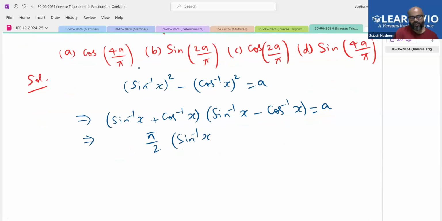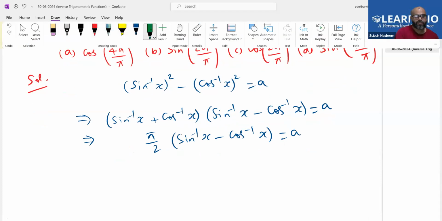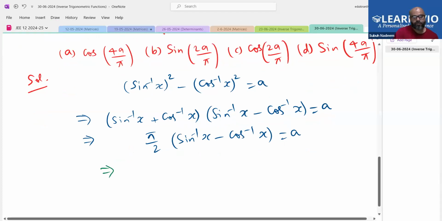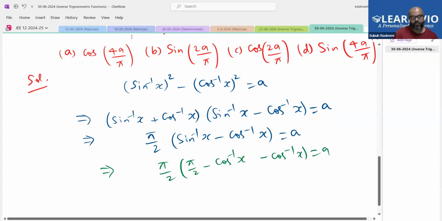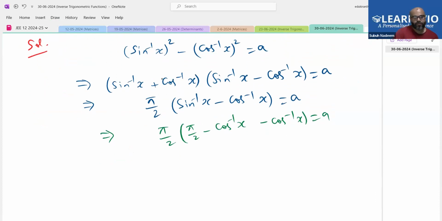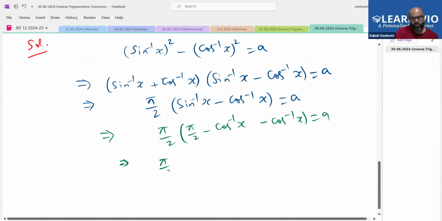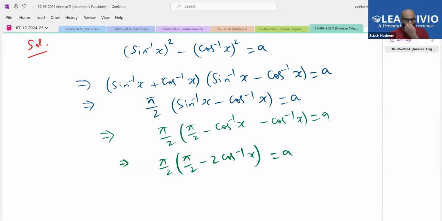And this is sine inverse x minus cos inverse x equal to A. Then we can write sine inverse x as pi by 2 minus cos inverse x. And this is minus cos inverse x is equal to A. So further, pi by 2 into pi by 2 minus 2 cos inverse x is equal to A. First write till here.